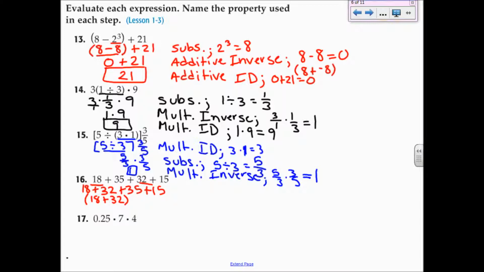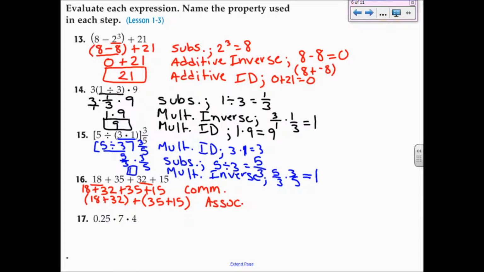And 35 and 15 I want to do together. The reason I could reorder in the first step is because of the commutative property, which says that order does not matter for addition and multiplication. And then the reason that I can put parentheses around in the second step is the associative property, which says that grouping in addition and multiplication does not matter.